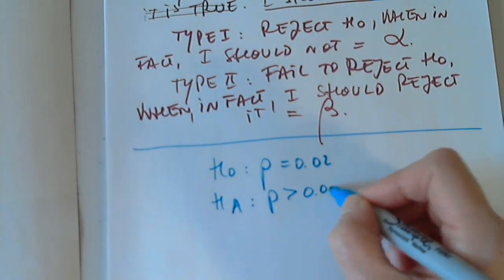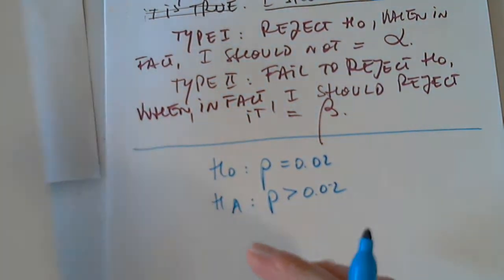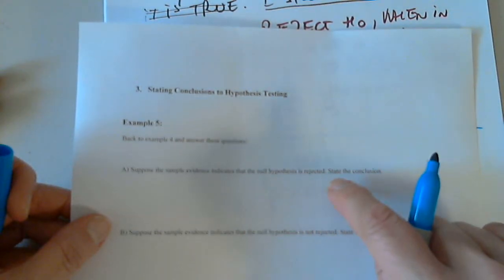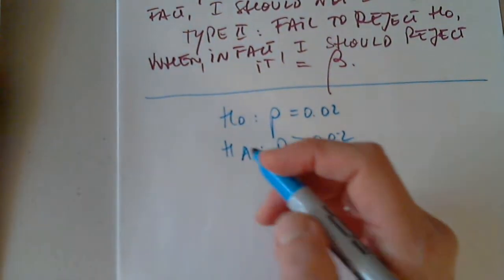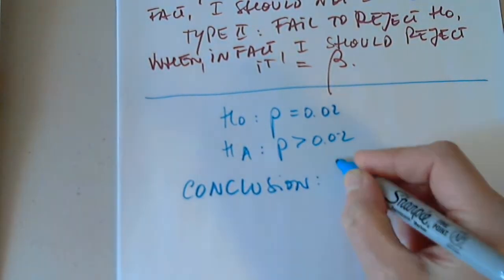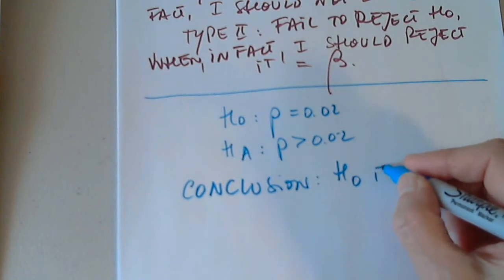Part A reads, suppose the sample evidence indicates that the null hypothesis is rejected. So, conclusion. The null hypothesis is rejected.